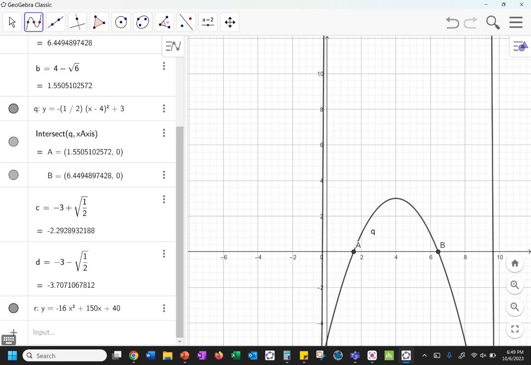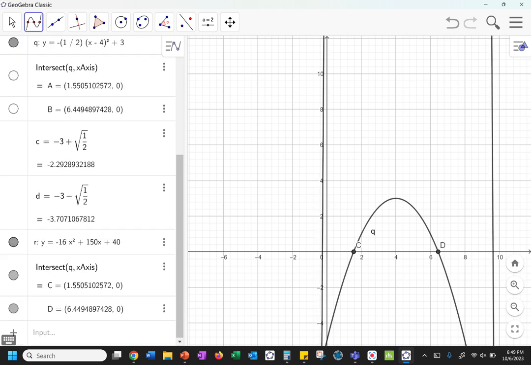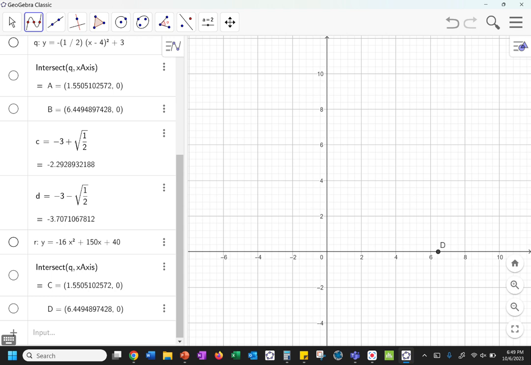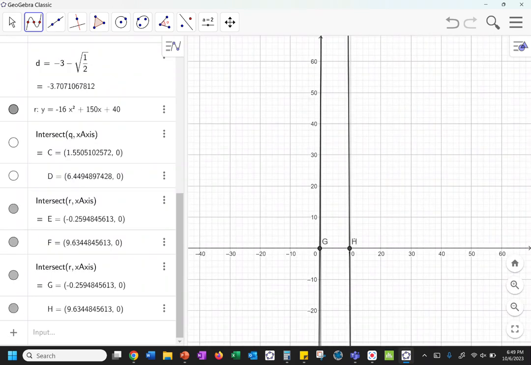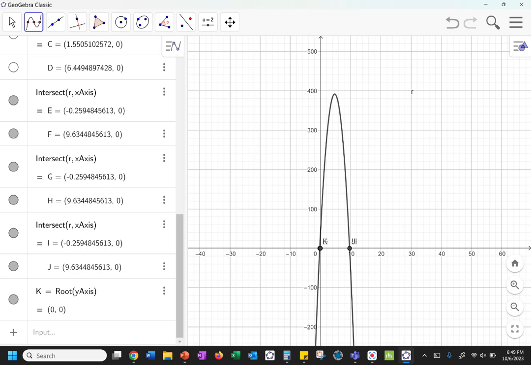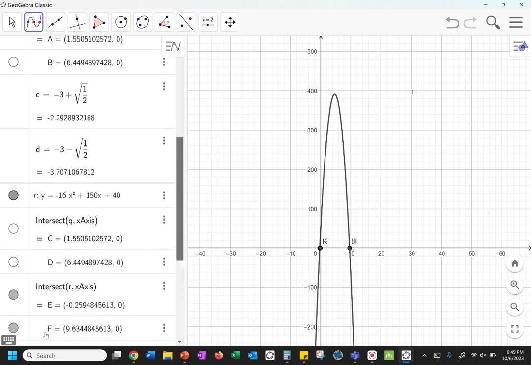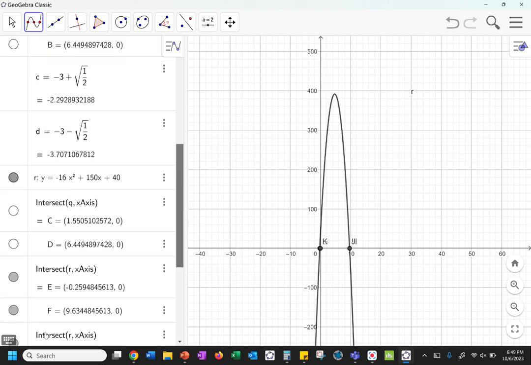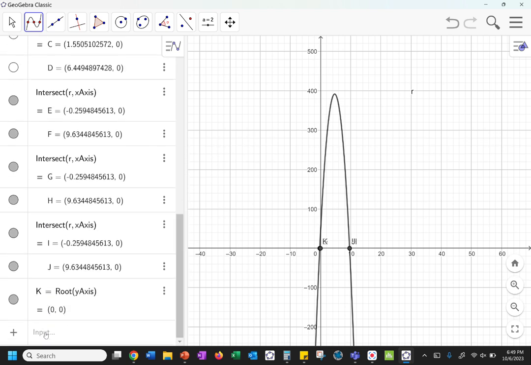All right, so there, I'm going to take all these others off. Here's our graph. Okay. It's a rocket, it's going up pretty high there, right? And so that equation is r. GeoGebra named it r of x.